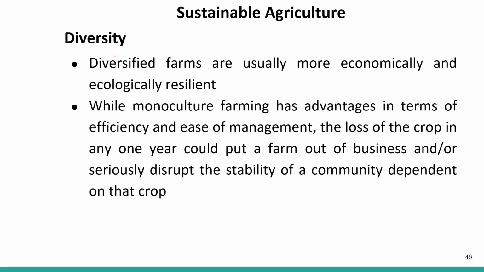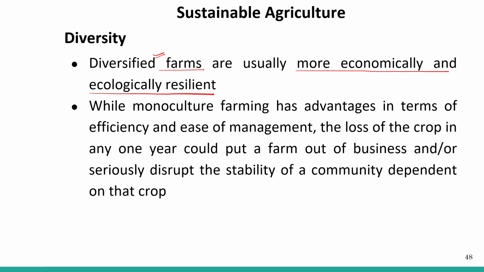Okay, diversity. Diversified farms are usually more economically and ecologically resilient. Diversify means we are not growing a single crop every year. If we are growing a single type of crop, then that crop requires only one type of nutrients, and every year it is taking those nutrients from the soil.